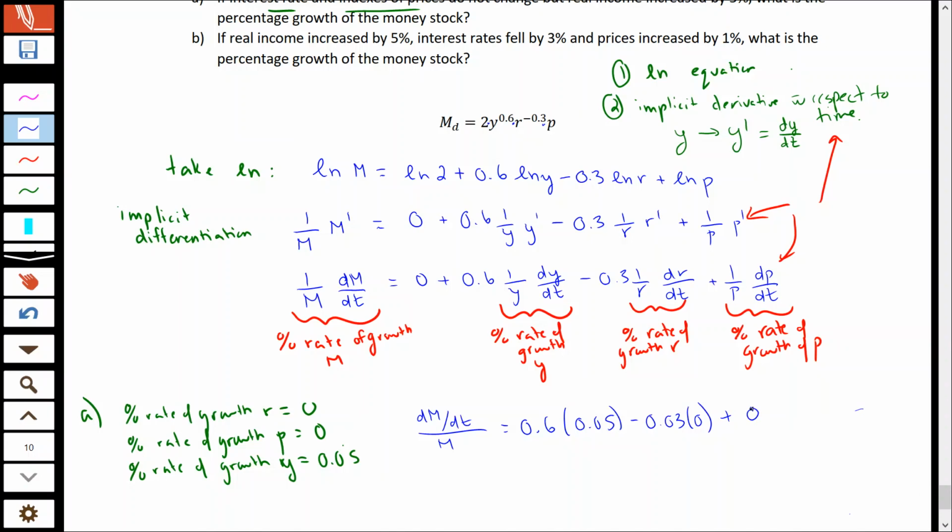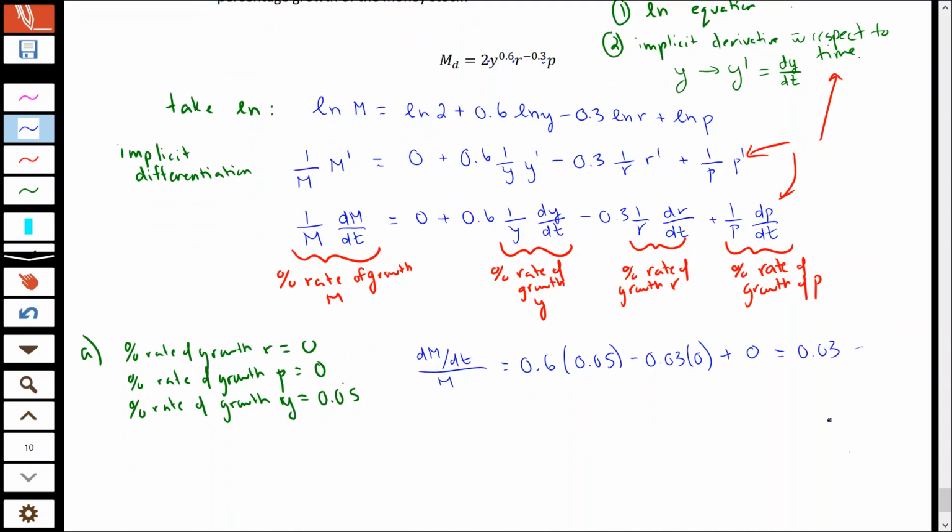So our answer of 0.03 is telling us that in this situation, the percentage growth of the money stock is an increase of 3%.